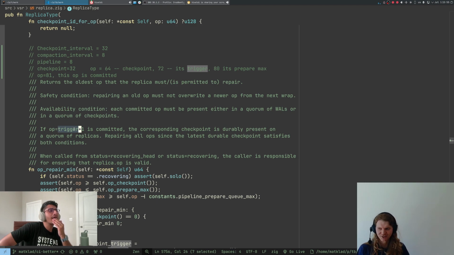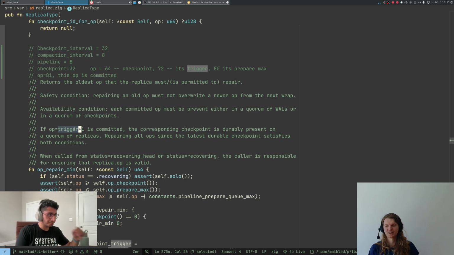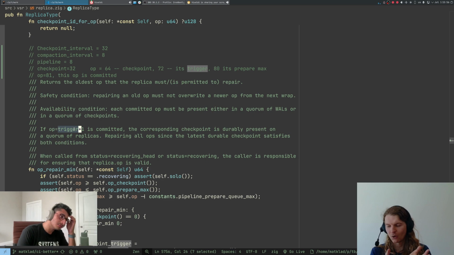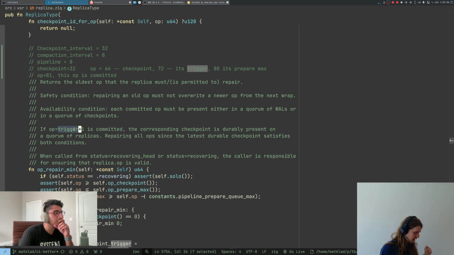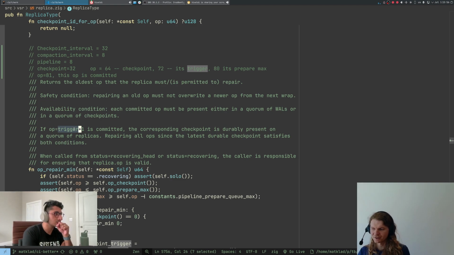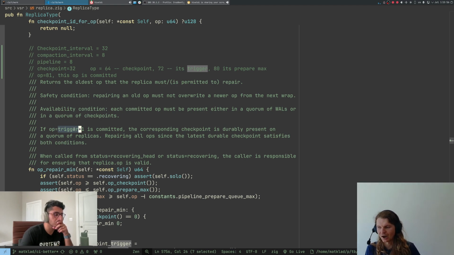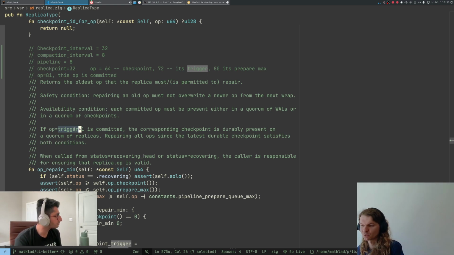The job will be to think about this very carefully. Maybe you actually could change this to prepare max plus 1, but I think that's not going to be the case. Suppose we want op prepare max plus 1 here. That means that when all replicas reach op prepare max, they cannot yet start overwriting old stuff because they are waiting for op prepare max plus 1.